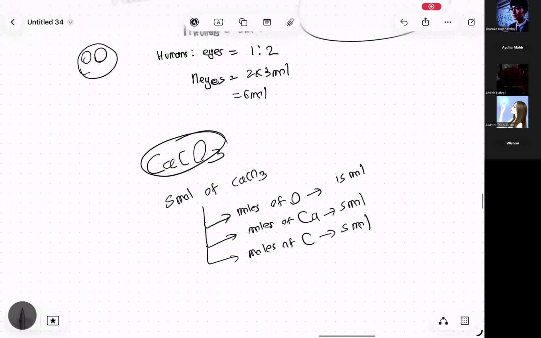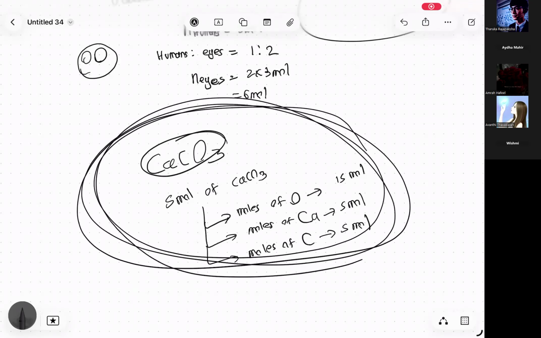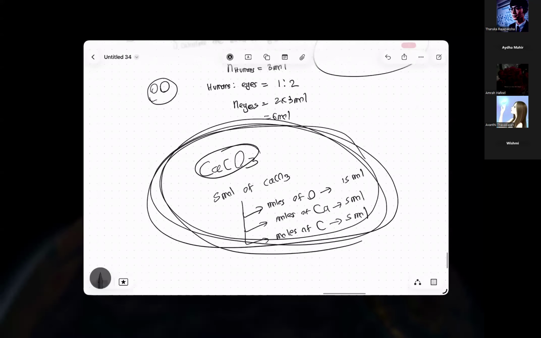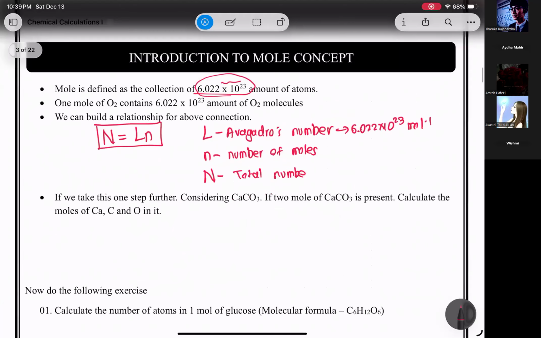This concept I want you to understand. If we take this one step further, considering calcium carbonate, if 2 moles of calcium carbonate is present, calculate the moles of calcium, carbon, and oxygen in it. Easy.